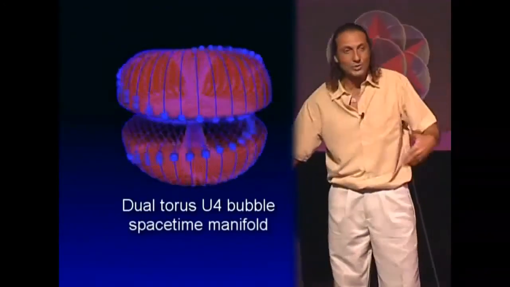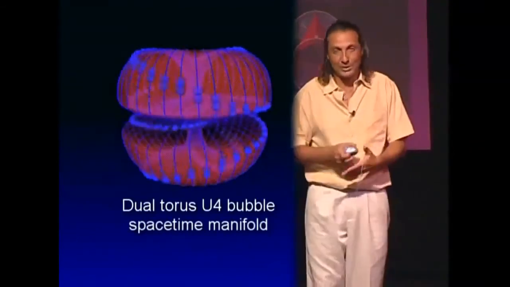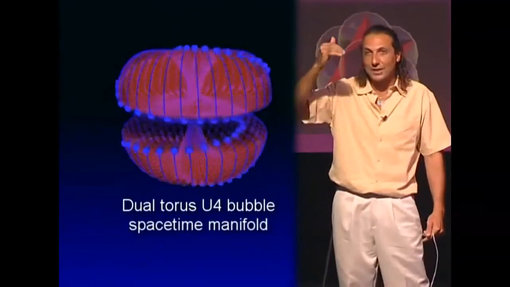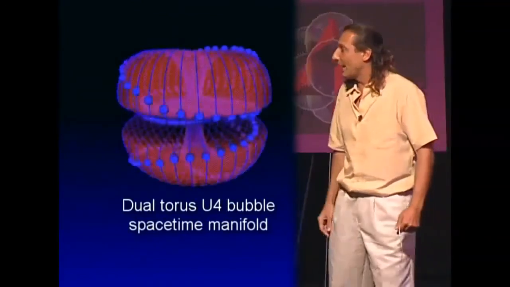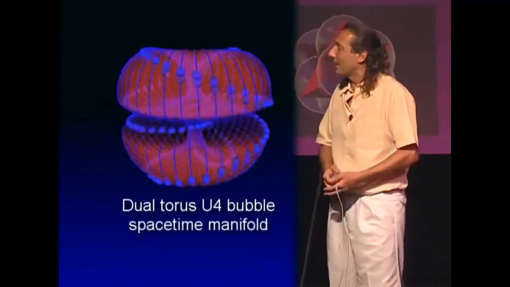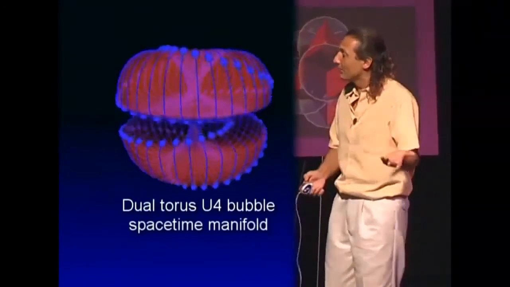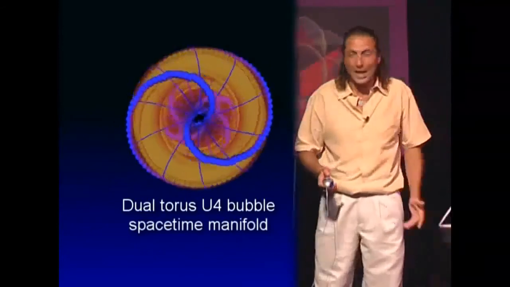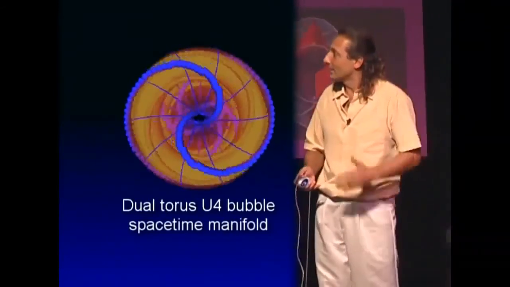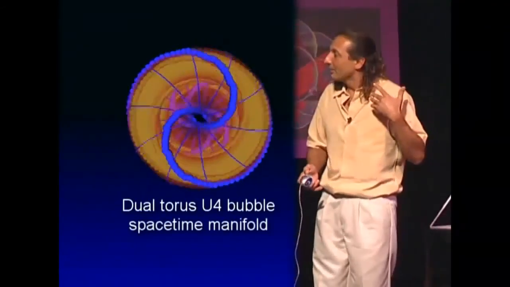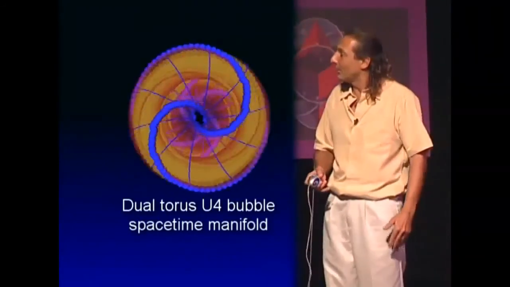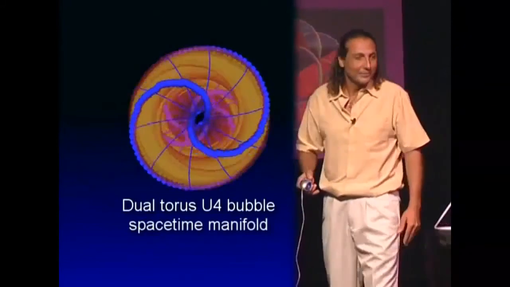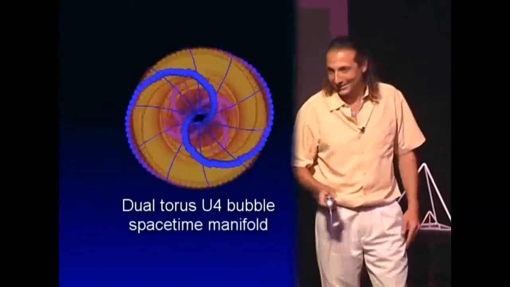Because Coriolis forces were added to the equation, what we did is we added a term for torque and the Coriolis forces as a second-rank tensor on the space-time manifold. The result is a double torus structure, a double torus manifold, that has this dynamic, which is viewed here from above as a rotating yin-yang sign, if you'd like.